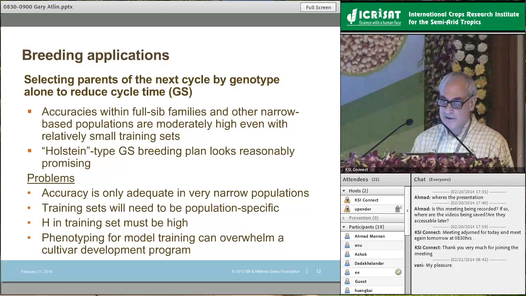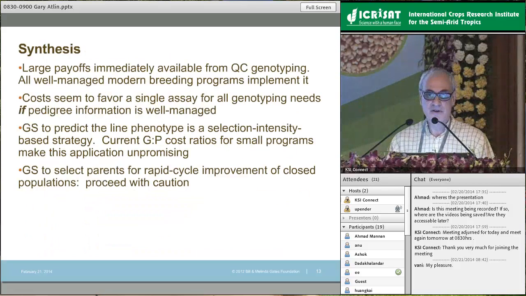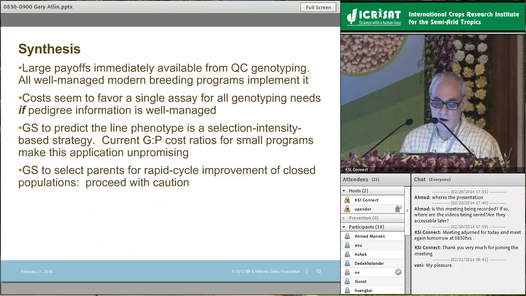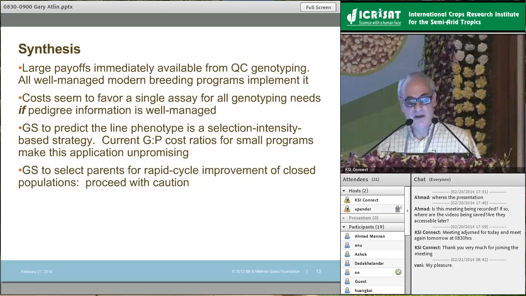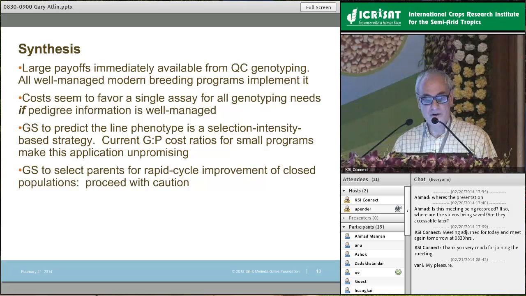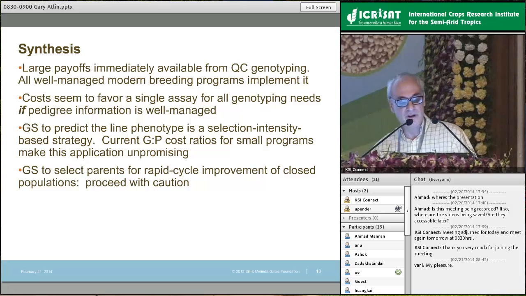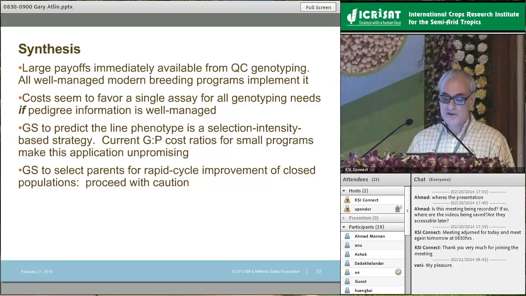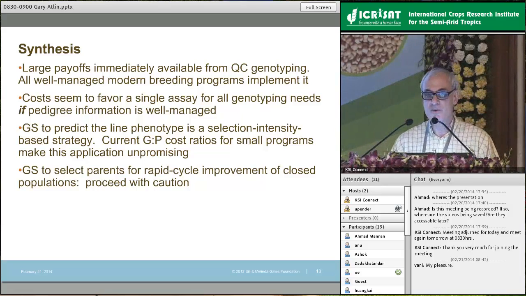Just to wrap up this discussion on applications of high-density genomic information, there are large payoffs immediately available from quality-controlled genotyping, and any well-managed modern breeding program should be doing this. The costs seem to favor a single assay for all genotyping needs if pedigree information is well managed, and so every breeding program needs to manage its pedigree information well.